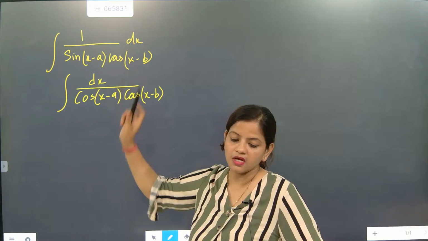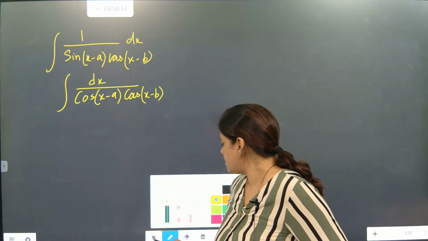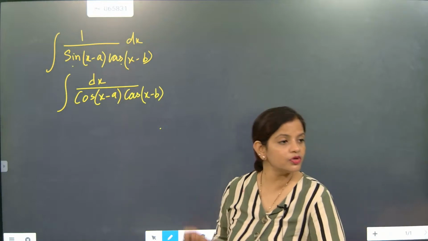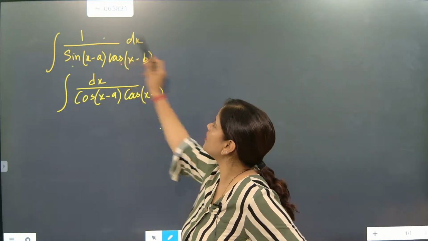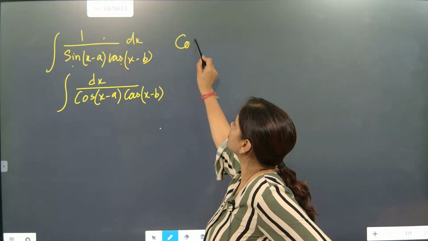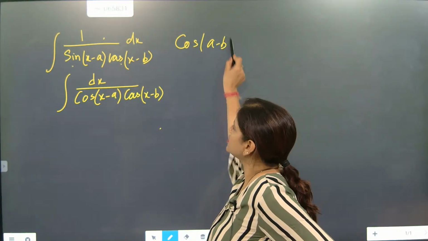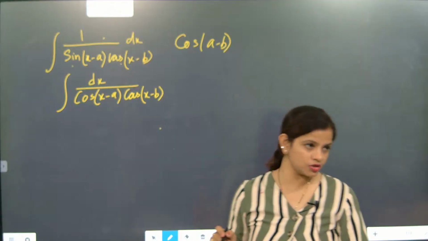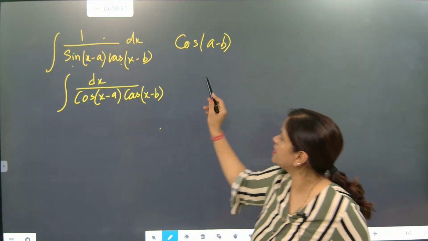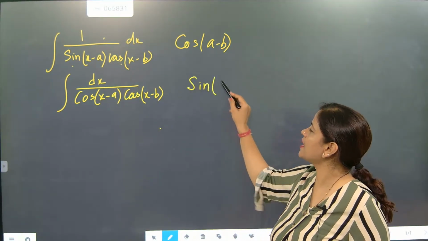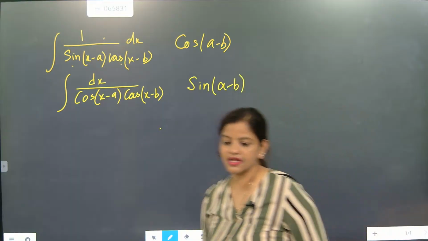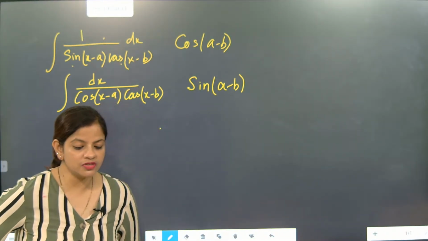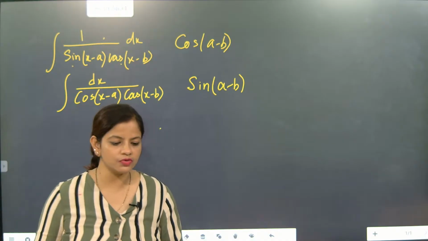Sine cos means, always remember, when sine and cos is there, that time you multiply cos A minus B. When both are cos, then you multiply sine A minus B. Remember this. That's it. You will be able to solve the question. This is the most important part. You must remember how to go with this and how to solve the question.